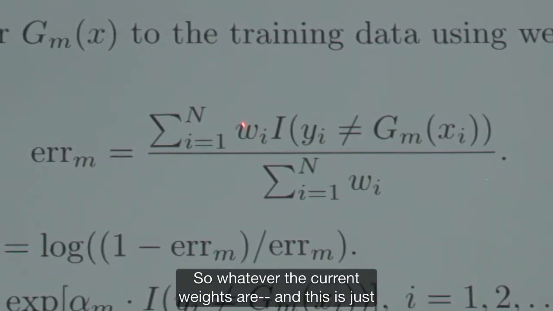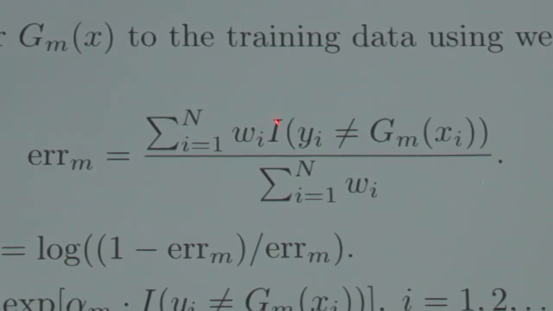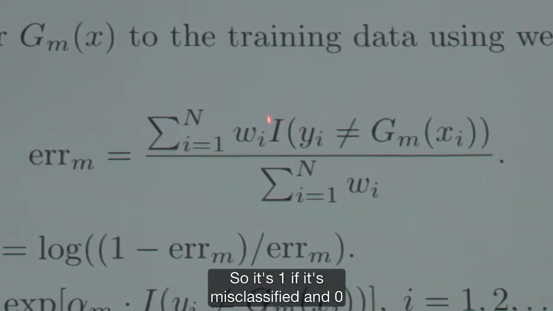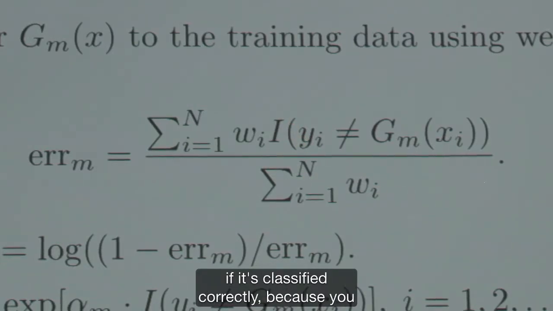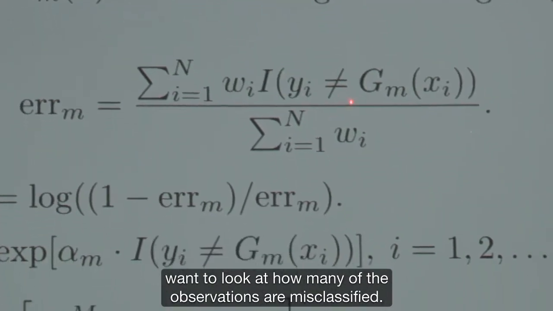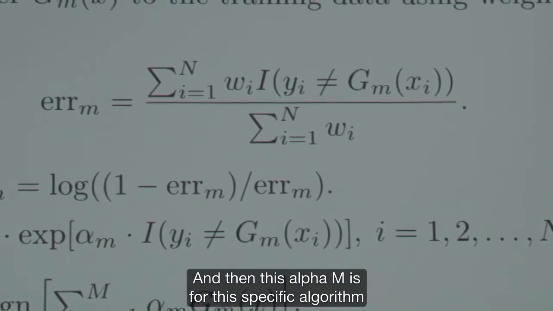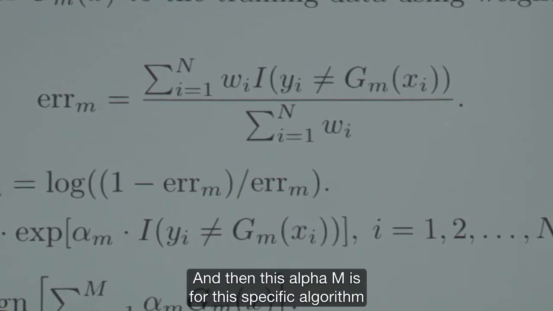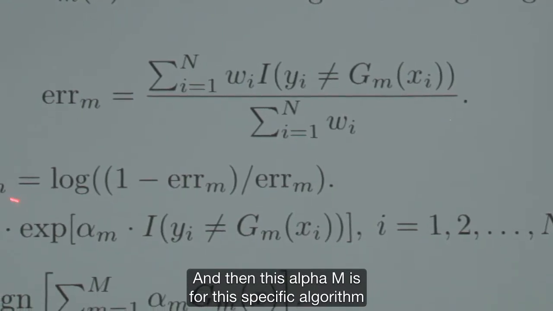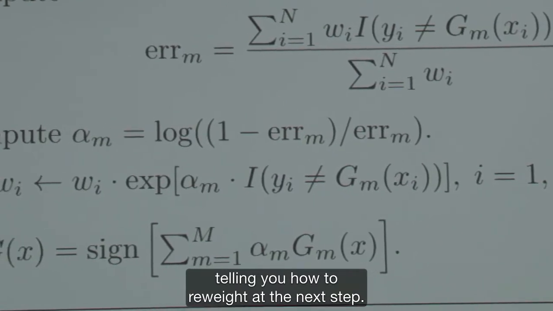Whatever the current weights are, this is the indicator: it's 1 if it's misclassified and 0 if it's classified correctly, because you want to look at how many of the observations are misclassified. And then this alpha_m, for this specific algorithm, tells you how to reweight at the next step.